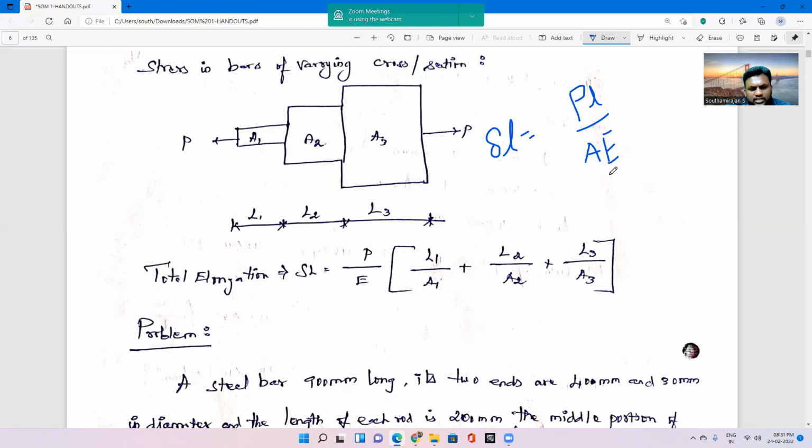The total elongation delta L for different sizes of materials is delta L equal to PL by AE. That is, for the first member it will be P divided by E into the whole of L1 by A1 plus, for the second material, L2 by A2. Similarly, for the third material, L3 by A3.